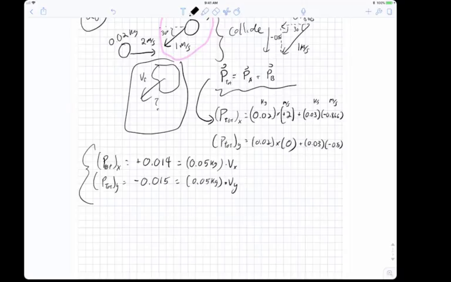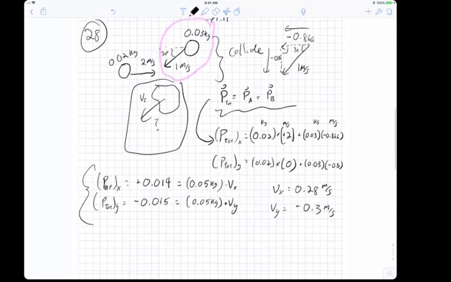So we just solve these. 0.014 divided by 0.05 is 0.28 meters per second. And in the y direction, it's minus 0.3 meters per second. Okay, and that's the final answer.